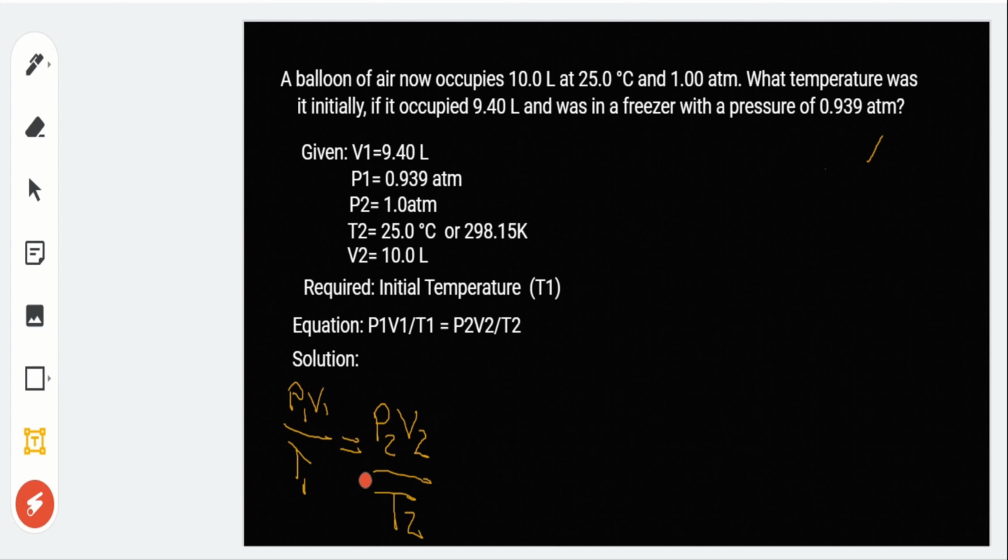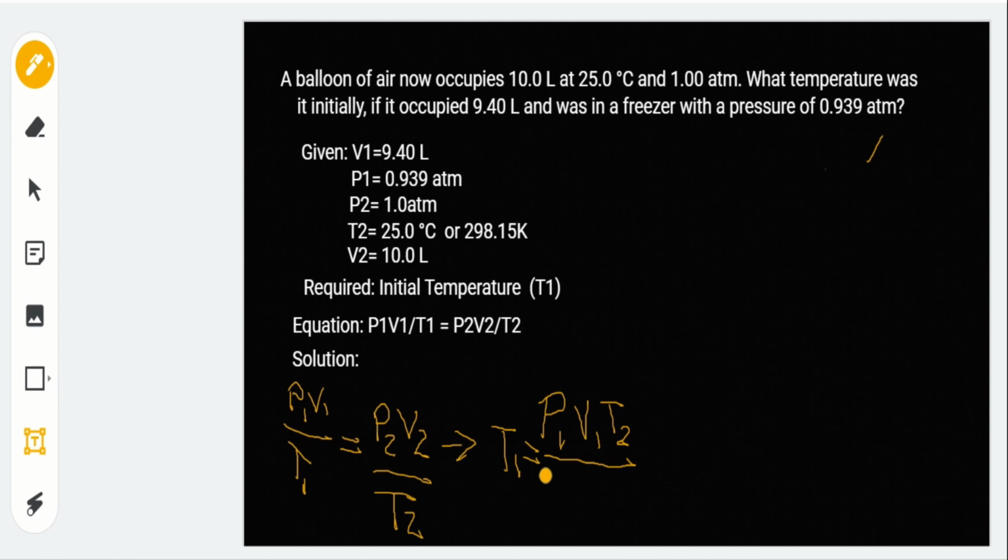Since this is what we're looking for, let's exchange: this will be exchanged here, this will be put here, and the final temperature will be placed here. So our derived equation will be initial temperature is equal to initial pressure times initial volume times final temperature over the final pressure times the final volume.